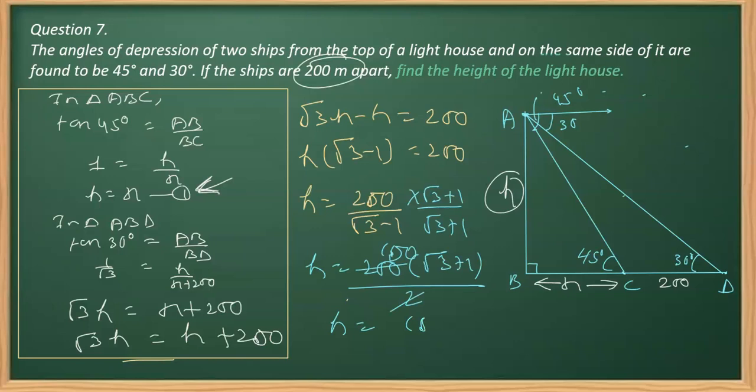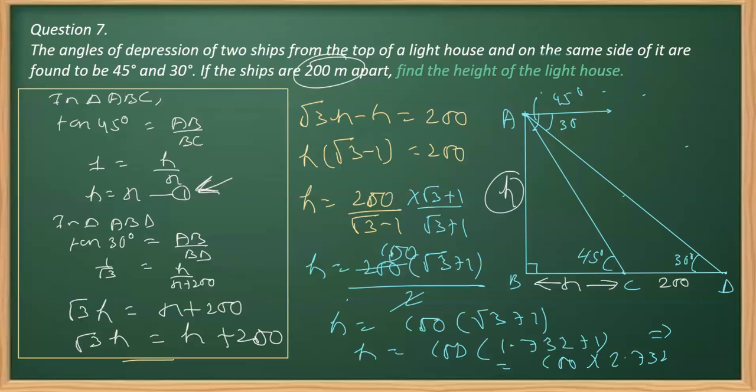So H is 100 times root 3 plus 1. Further, you can replace root 3 with its value 1.732, plus 1. So this will give you 100 multiplied by 2.732, and therefore the final answer is going to be 273.2 meters. So that is the height of this tower, 273.2 meters.